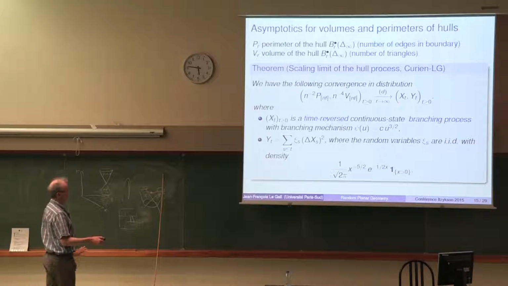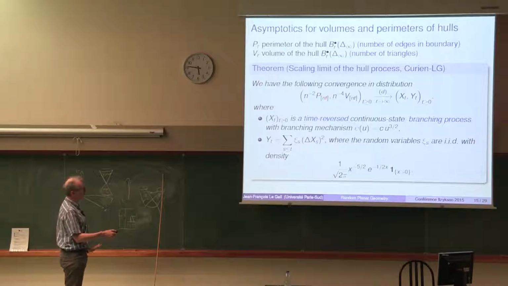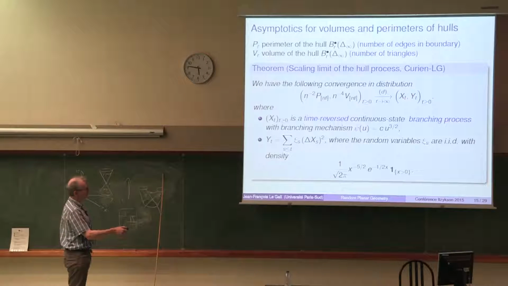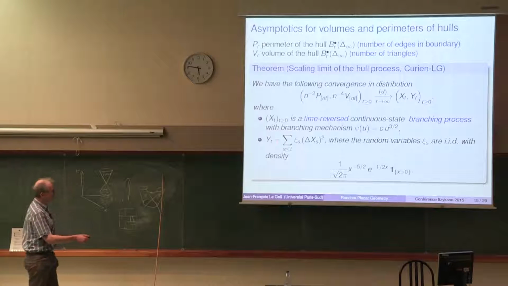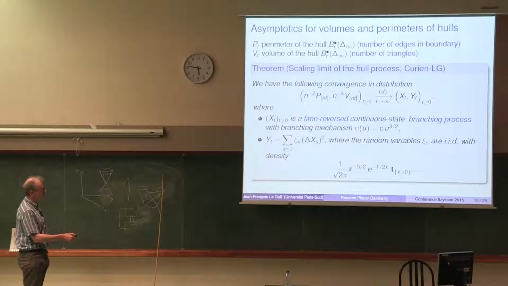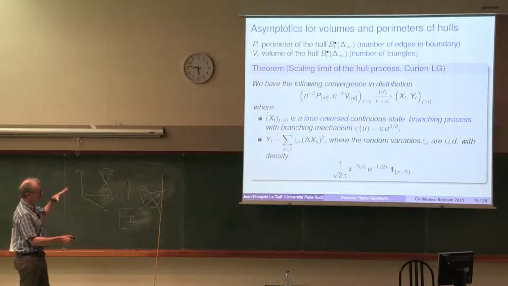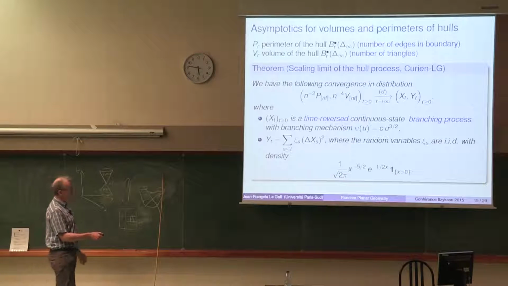Essentially, the interesting object maybe is the perimeter first. Once you know the scaling limit of the perimeter, this capital X, you can write down explicitly also the scaling limit for the volumes. So what you get is a process which can be obtained in this way. Of course, volumes are increasing. The volume is increasing with respect to the radius. So this is an increasing process, and it increases only by jumps.